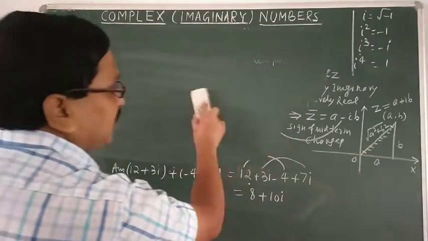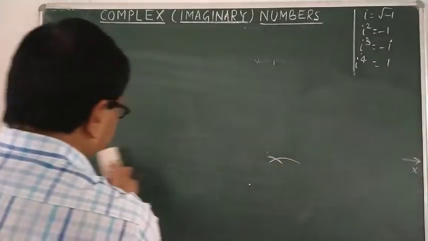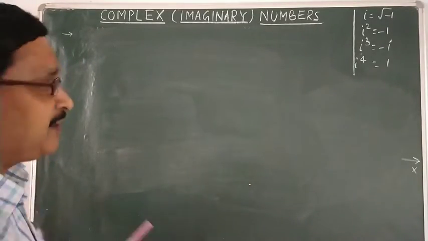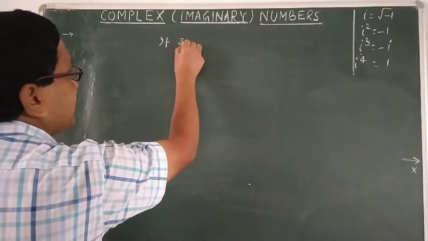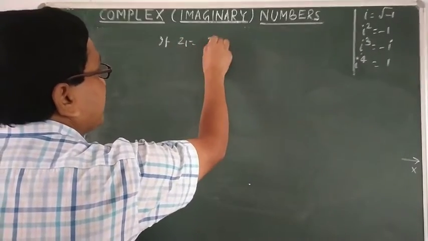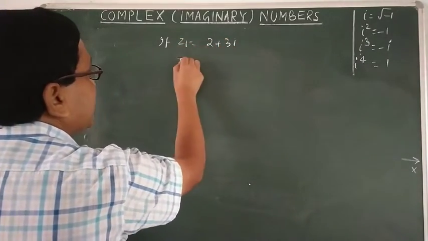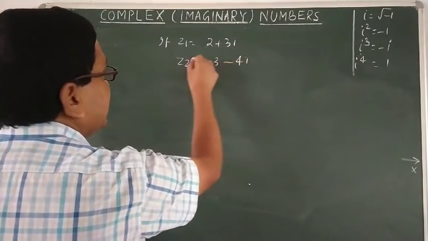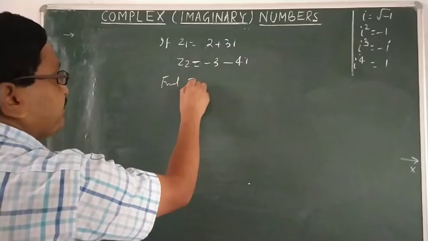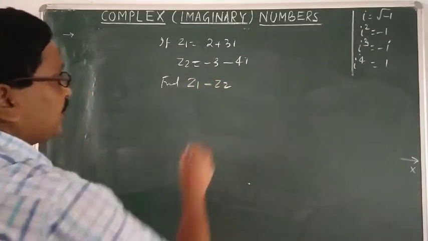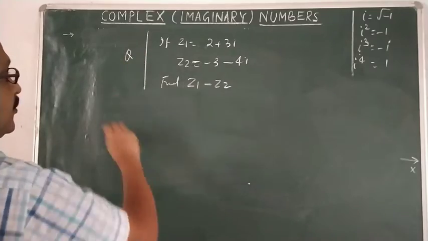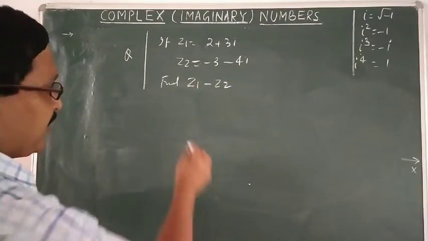Now the subtraction operation. If z1 is equal to 2 plus 3i, z2 is equal to minus 3 minus 4i, find z1 minus z2. This is the basic operation you are going to learn.